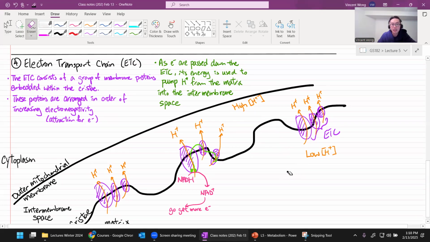That's why when we pump more H+ into the intermembrane space, that takes energy. That's actually kind of active transport, right? So that's why we're using the energy from the electrons to achieve this. All these H+ want to come back in, but they can't because the cristae is in the way. Charged particles don't go through the membrane on their own, right?